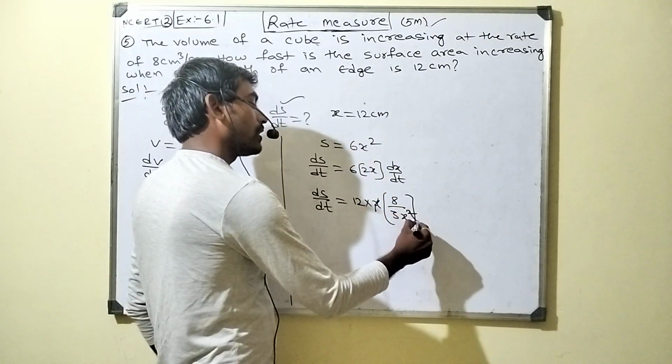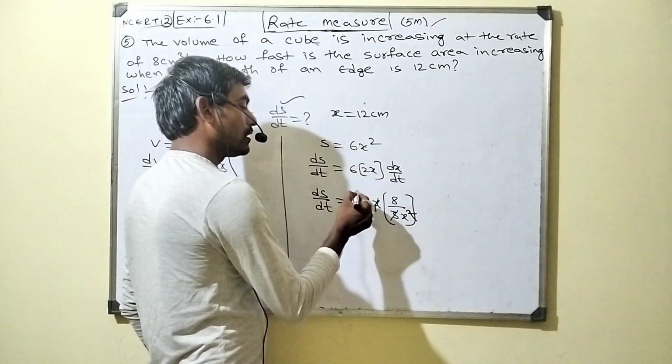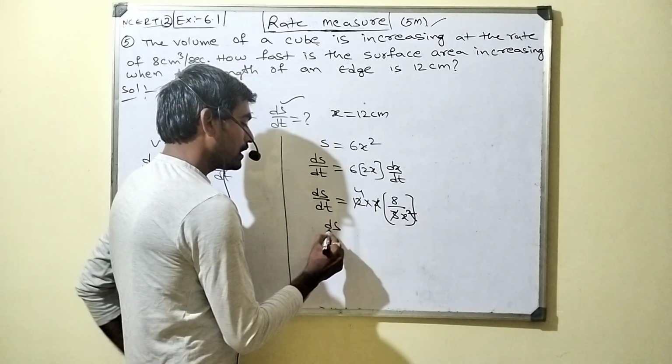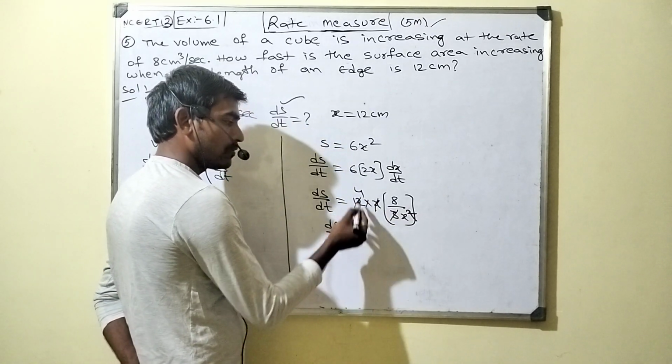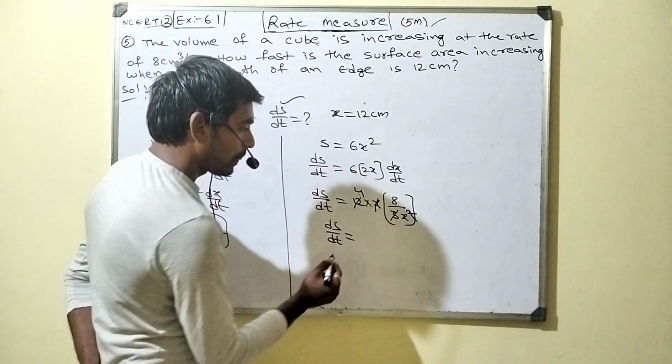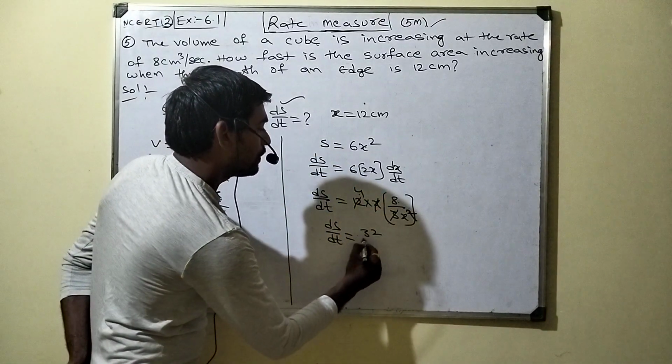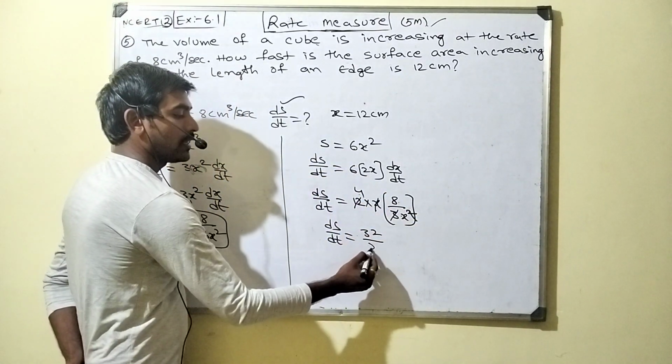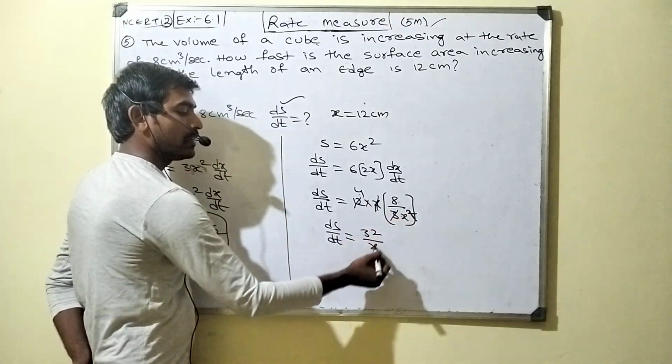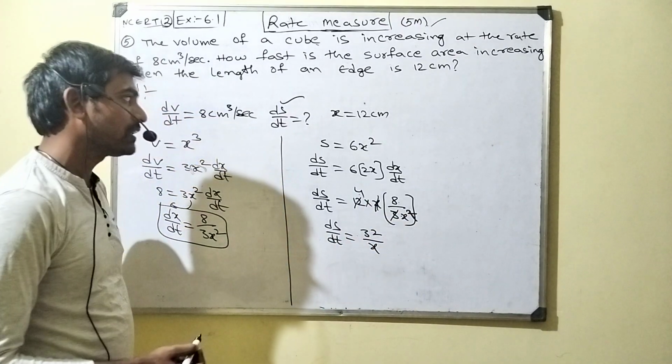Now x square gets cancelled, and 12 by 3 is 4. Now dS by dt is 4 eights, 32 by x.